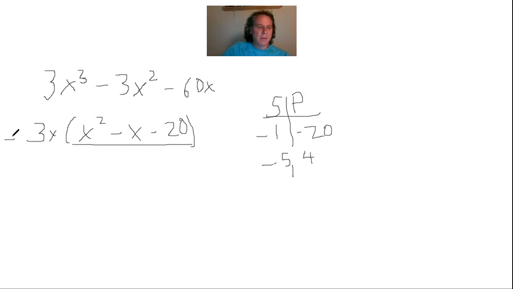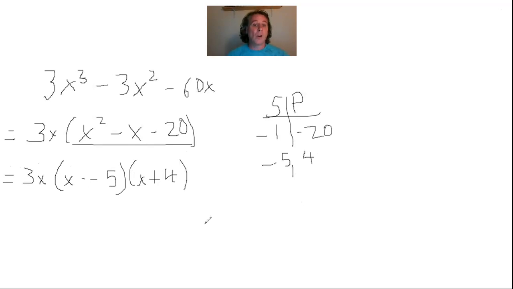Now, for my final answer, I just leave that 3x out front. And then I just create my two sets of brackets again. Drop my x in the front of each one. And put in my numbers -5 and +4. So I hope that you've benefited from this review of factoring of the form x squared plus bx plus c.